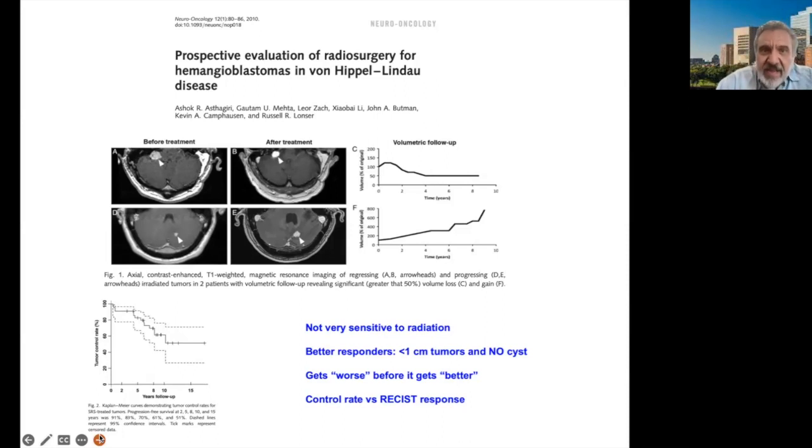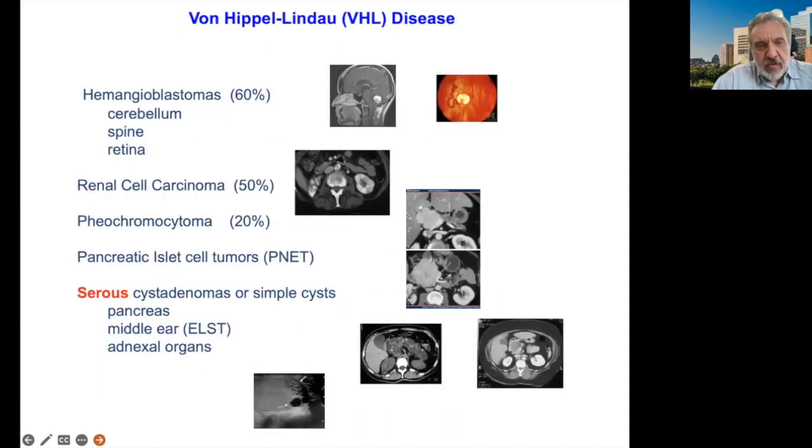The cyst that's around the hemangioblastomas does not respond to radiation. So what happens is that the solid component is the one that stops growing, and therefore the cyst also stops growing, but the cyst does not regress. So I'm the least fan and the least proponent of radiating hemangioblastomas. Surgery has been the modality of treatment, and we'll talk about belzutifan in a second.